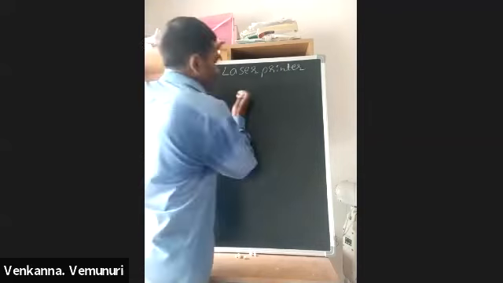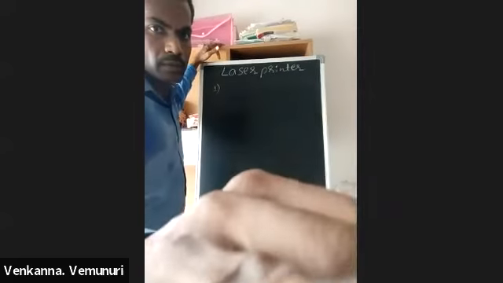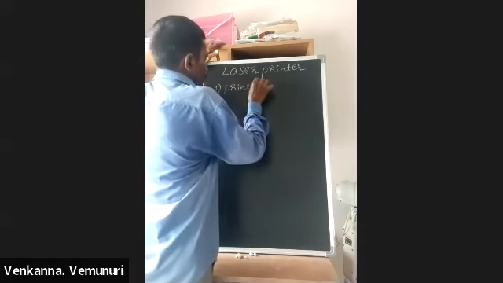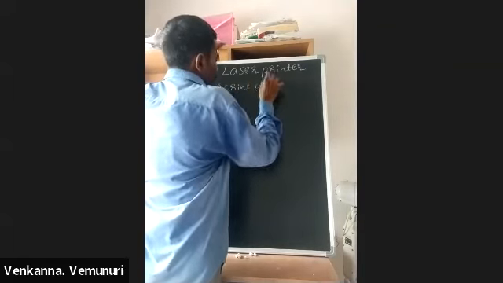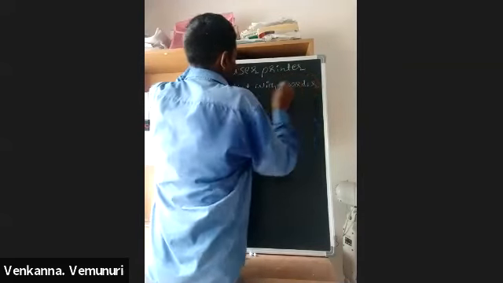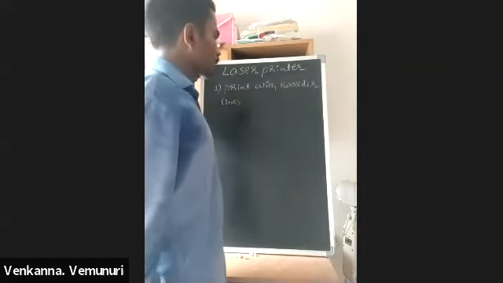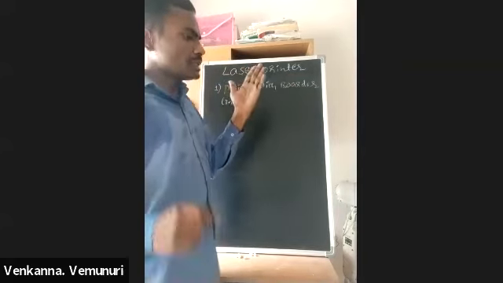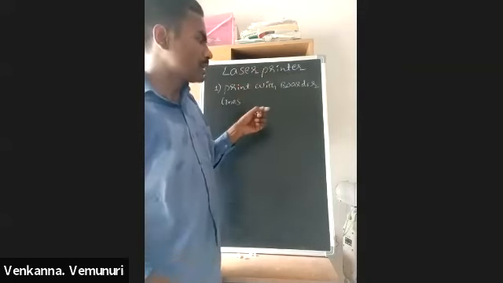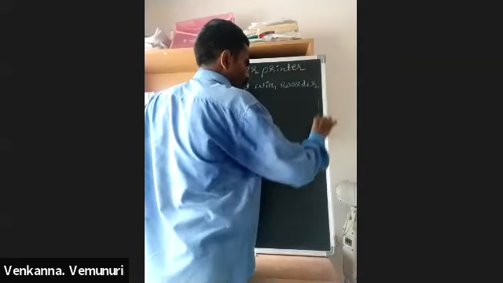Sometimes print with border lines. It means when we are giving a print, the page's left side or right side or both sides give a 1 inch or half inch black border.